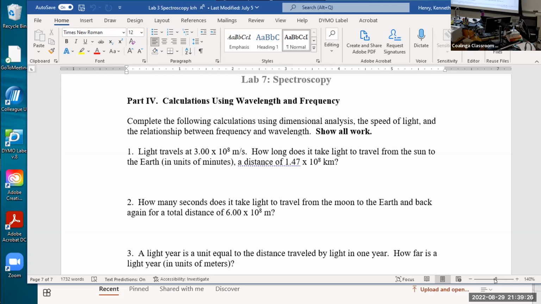Okay, so we have 10 to the 8th on top, 10 to the 8th on the bottom. We can cancel those out, right? Yeah. So then we just have 1.47 times 1,000 divided by 3 and then divided by 60.